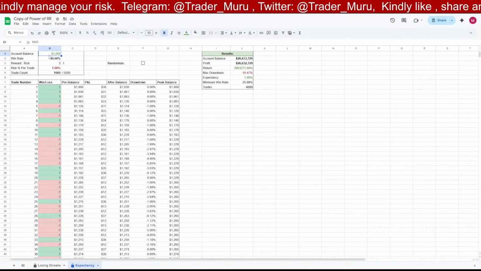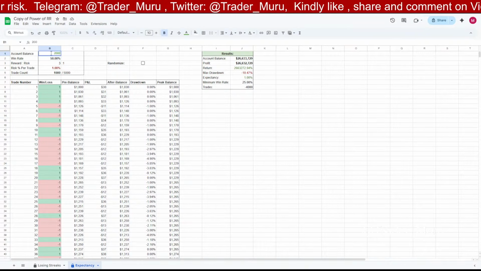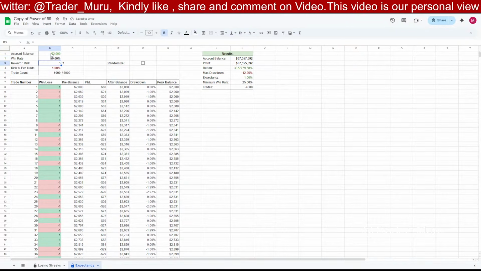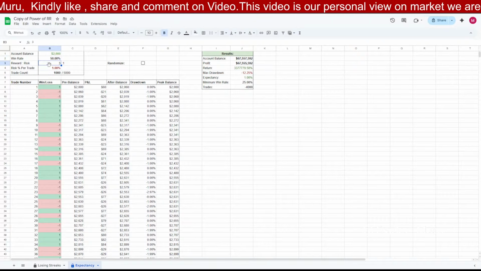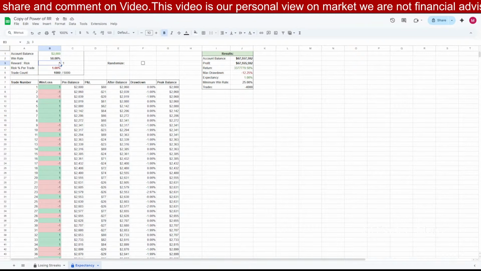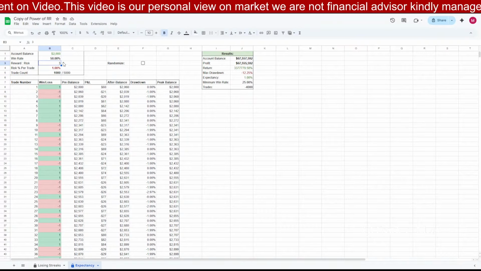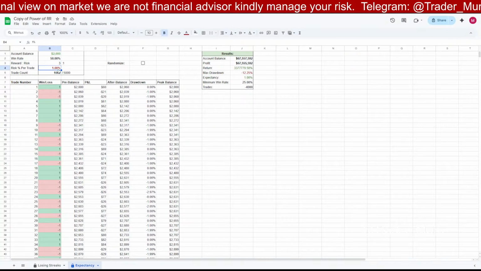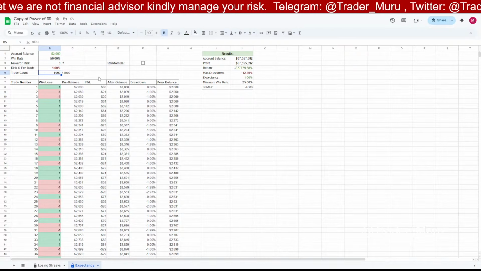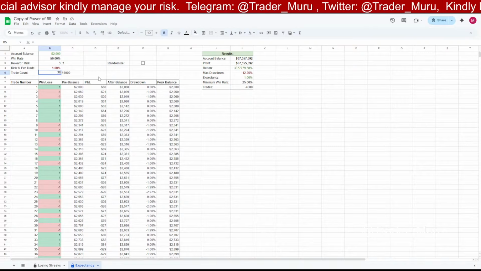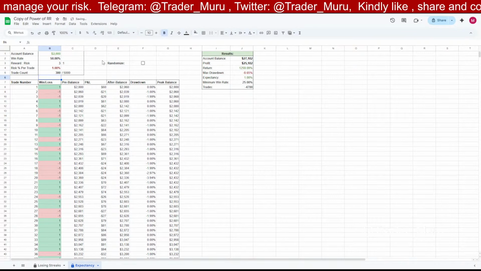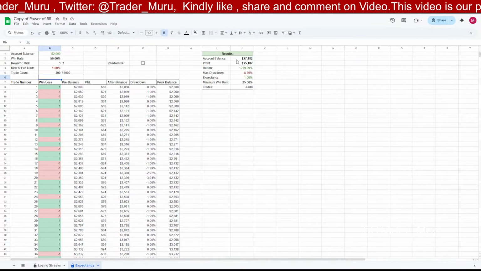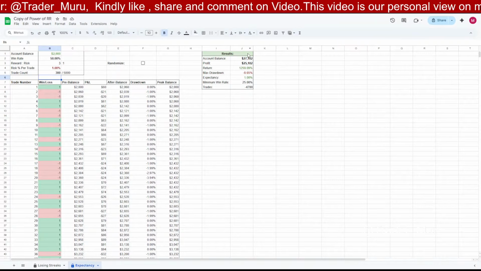Suppose you are starting with $2,000. Your profitability is 50%. Your risk reward is three parts as a reward and one part as a risk. You are risking 1% of your portfolio per trade. And how many trades do you want to take? Let's take 300 trades. And this will be your portfolio after 300 trades.